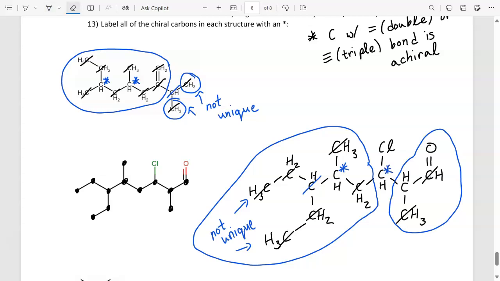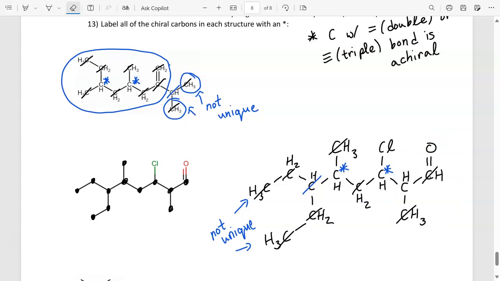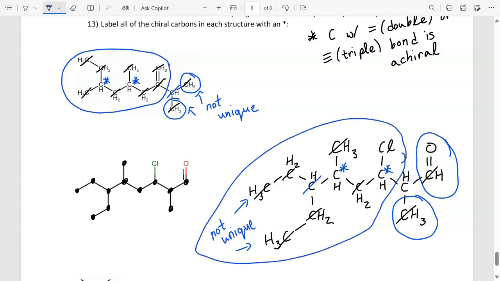Okay, and then I erase and I look at that last carbon. It has a methyl group, an aldehyde, and then a long carbon chain all attached to it, and all are unique, and so that carbon is also chiral.